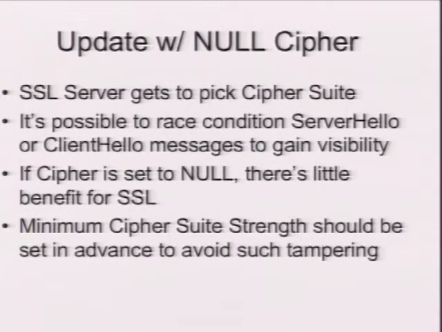Now, it is possible to race the SSL handshake, basically giving the server the idea that the client has only a null cipher to offer, and making the client believe the server offers a null cipher. The result will be a legitimate SSL connection negotiated on a null cipher. So it doesn't actually do anything productive.